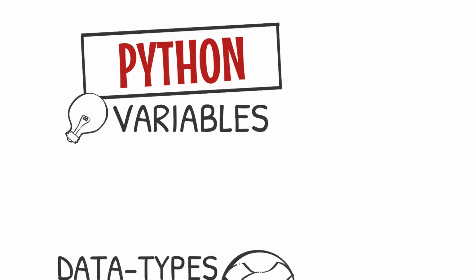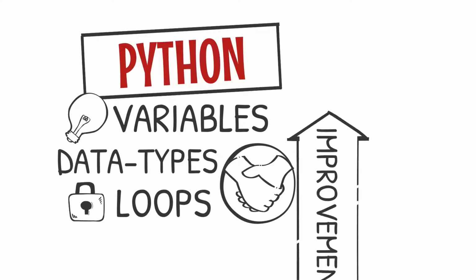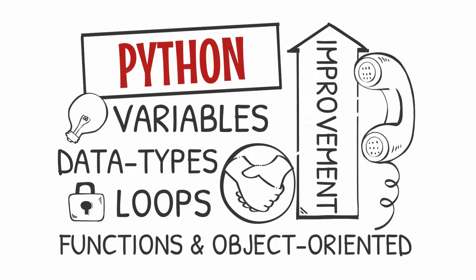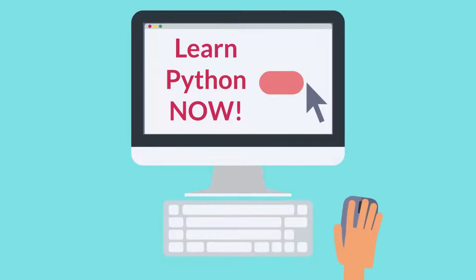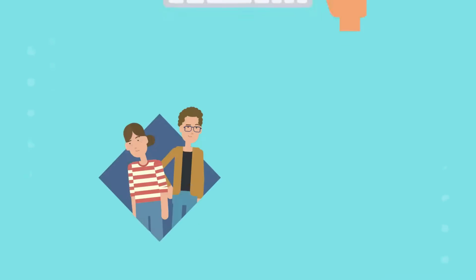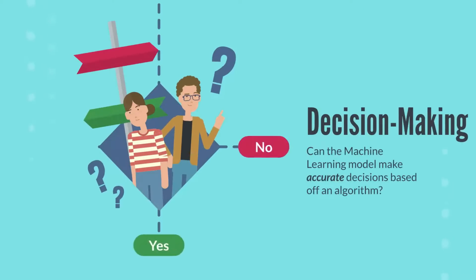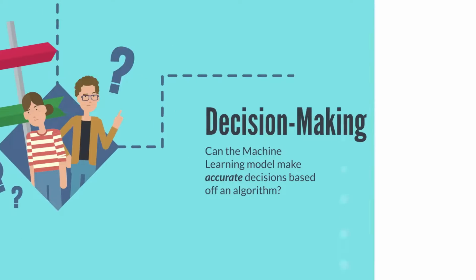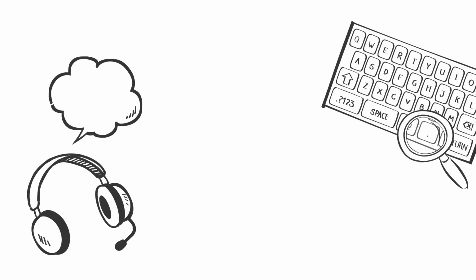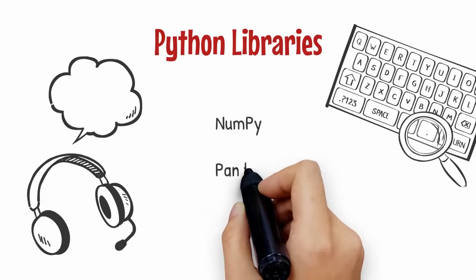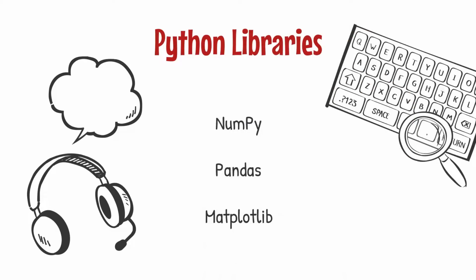It includes concepts such as variables, data types, loops, functions, and object-oriented programming. Familiarity with the syntax and semantics of the language is crucial for implementing algorithms and building models. Additionally, knowledge of popular Python libraries such as NumPy, Pandas, and matplotlib is also important.